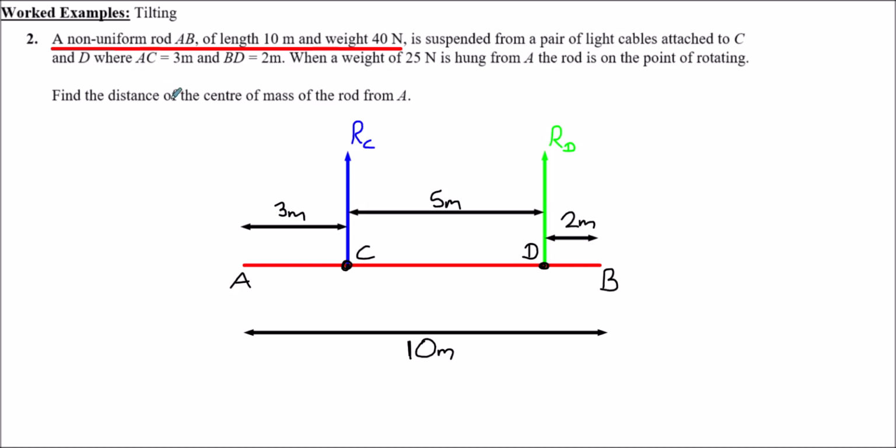So what we need to do is to find the distance of the centre of mass of this rod from A. Now we don't know where it is. I'm going to guess. You just need to make a guess. But it's somewhere between C and D. I'm going to guess that the centre of mass is, maybe here somewhere. And that's going to be acting downwards.